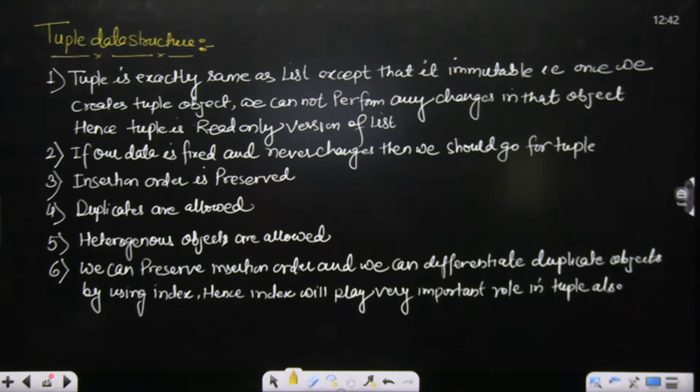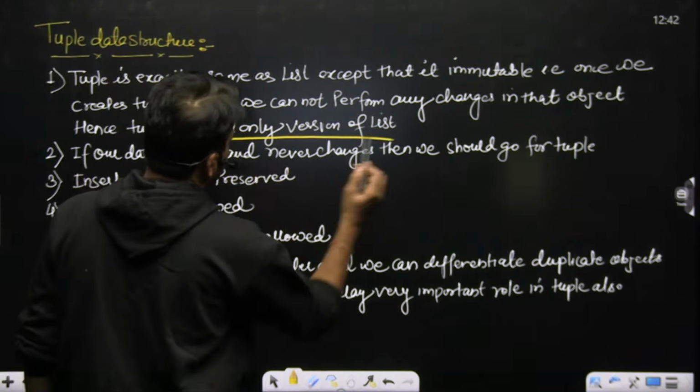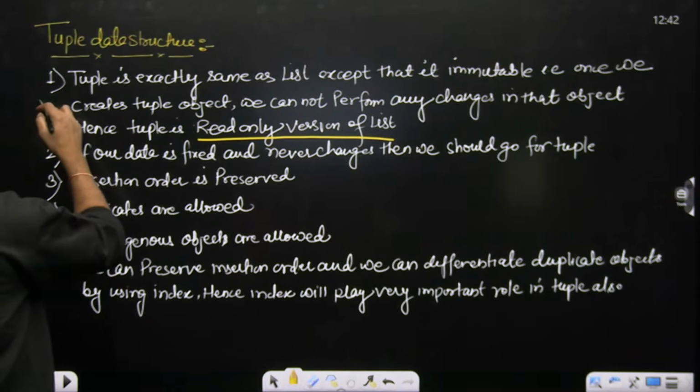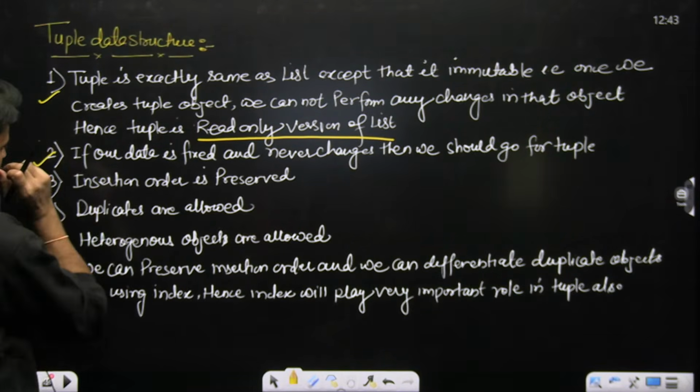Once we create the tuple object, we cannot perform any changes in that object. Hence, tuple is the read-only version of list. If our data is fixed and never changes, then we should go for tuple, just like storing Aadhaar data, student.